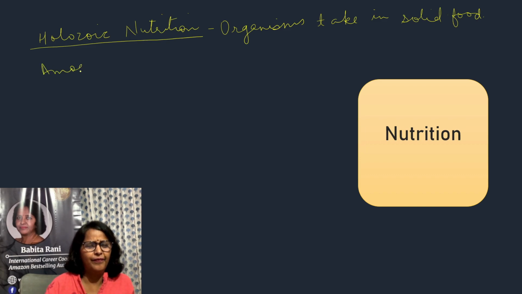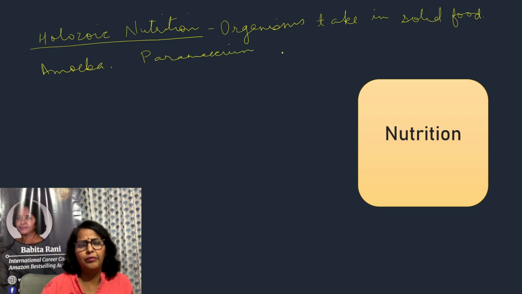Examples are Amoeba, Paramecium. In fact, human beings also have Holozoic nutrition.